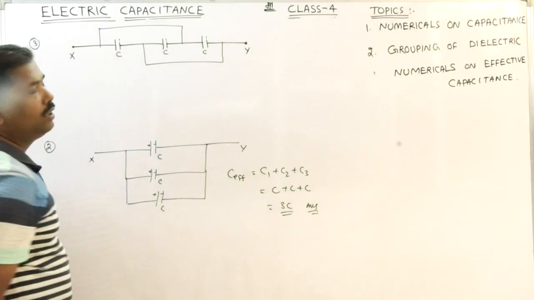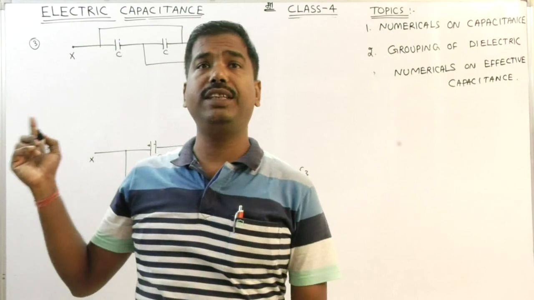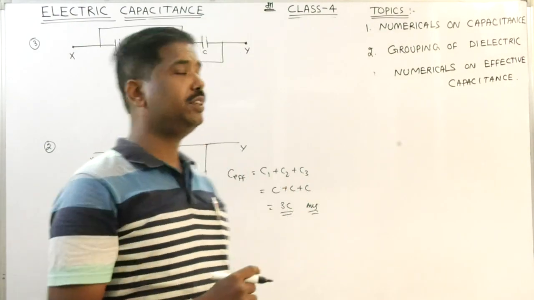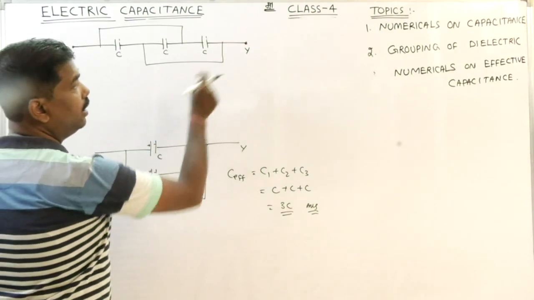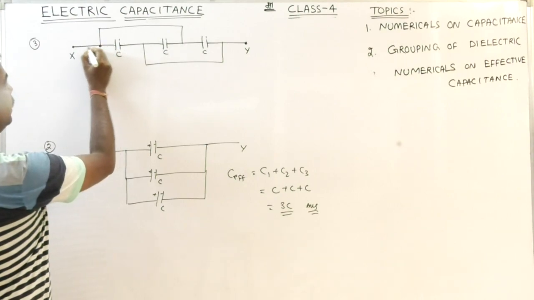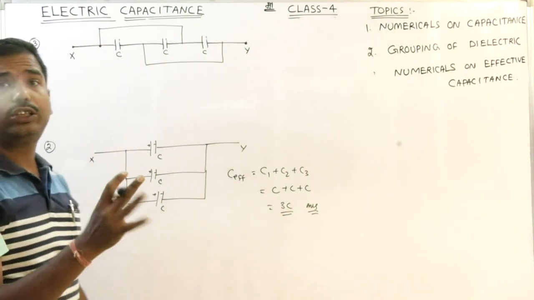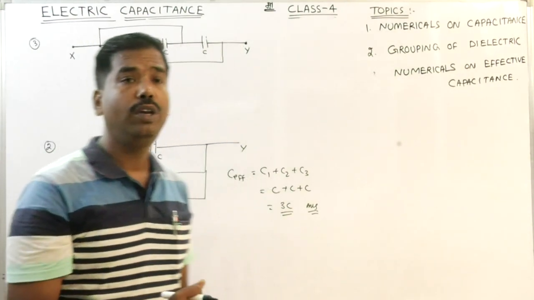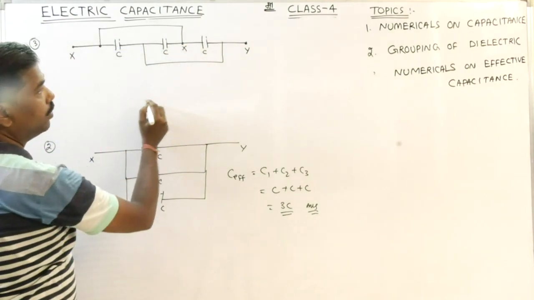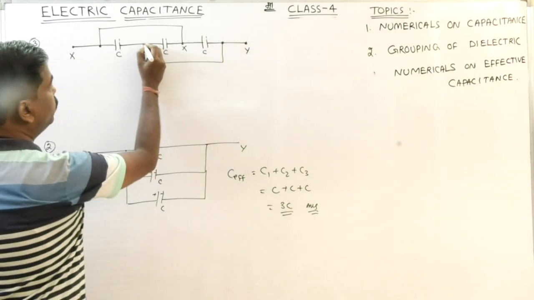Three capacitors C are connected as shown in the figure. Find the effective capacitance across XY. Let this be x, this is a conducting wire. In case of a conducting wire, there is no potential drop. So if this is x, then this is also x. If this is y, this is also y.